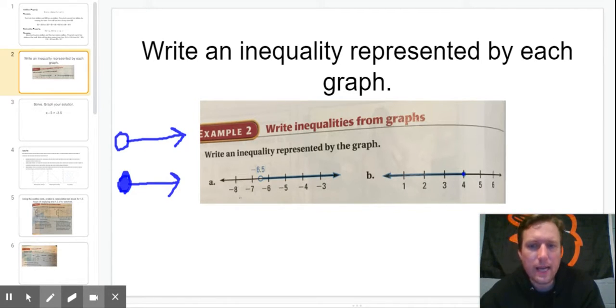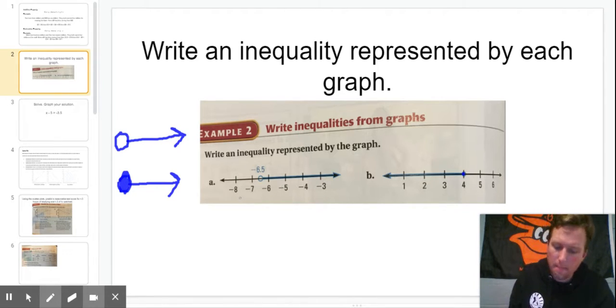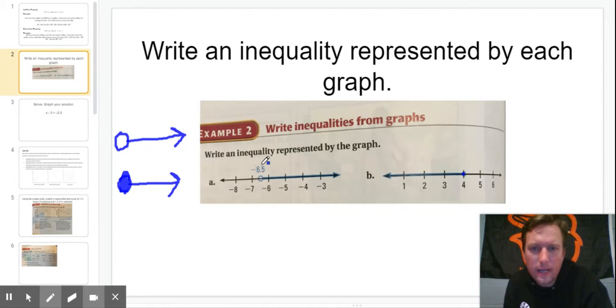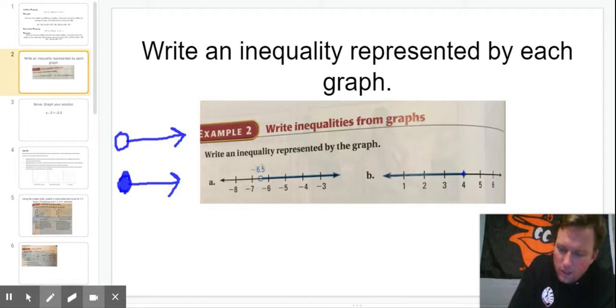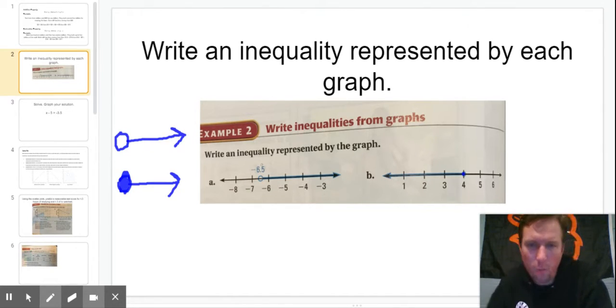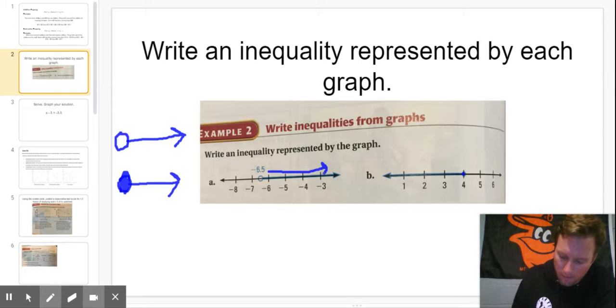So it says write an inequality represented by this graph. I'm looking at this point. This point is negative 6.5. This open circle means that negative 6.5 is not a solution to the inequality. Because the arrow points to the right here, see the arrow pointing to the right, what that means is that all numbers greater than negative 6.5 are solutions.